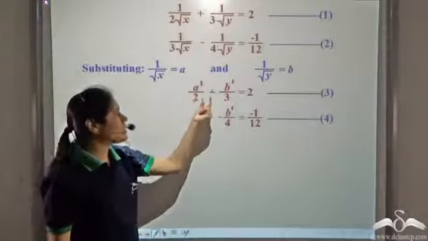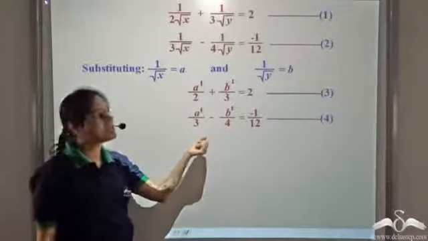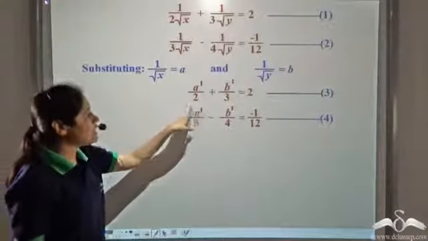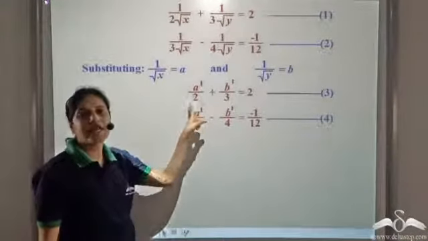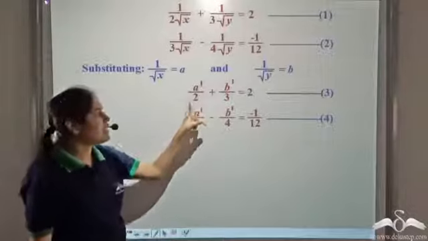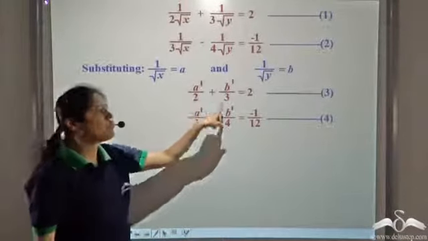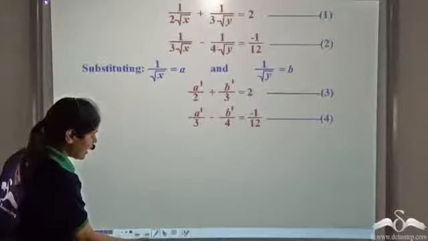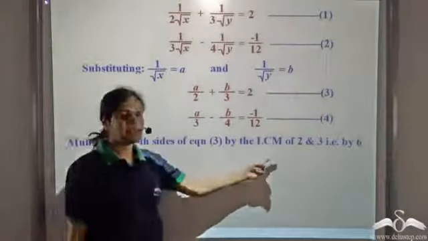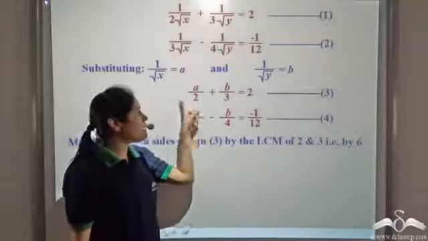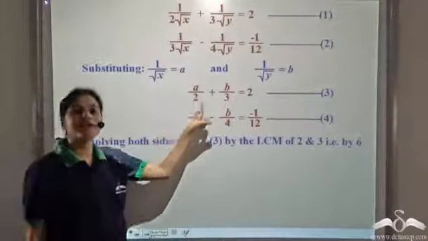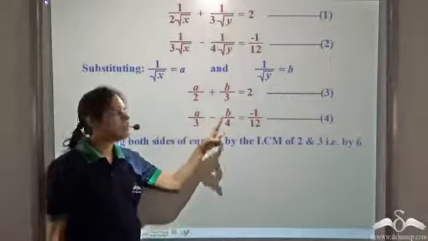First of all, we try and get rid of the fractions. So in equation 3, we see that we have 2 and 3 in the denominator in the left hand side. So we take the LCM of 2 and 3, which will be 6. So we multiply this equation by 6.